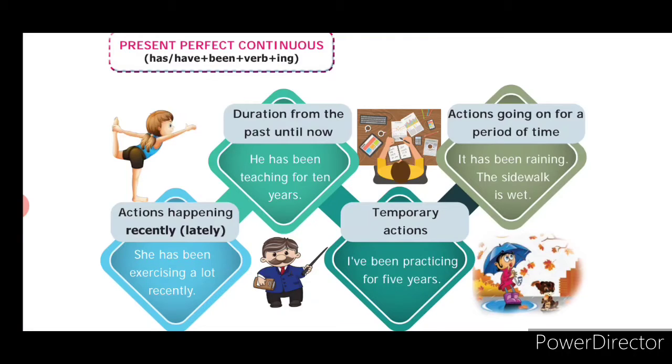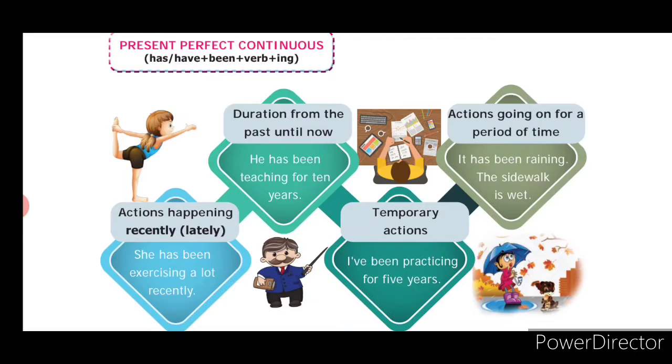Action going on for a period of time: it has been raining, the sidewalk is wet. Present perfect continuous tense is used for the action that started in the past and is still continuing. Duration from the past till now it is continuing.